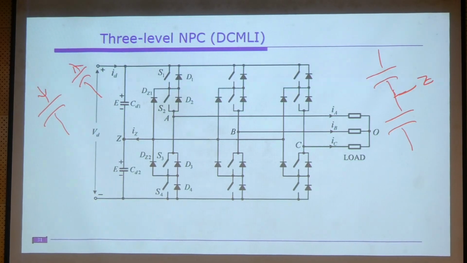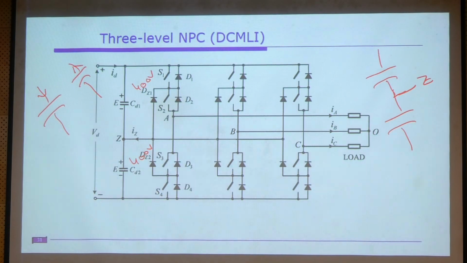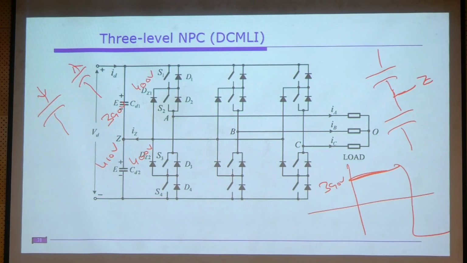Understood? So what happens if they are not balanced? For example, the two capacitors combined are supposed to maintain some 800 volts, so let us assume this is 400 volts and this is 400 volts. If balance is not maintained and it deviates, say this is 390 volts and this is 410 volts, how will the output waveform be? The positive half cycle you will get 390 volts and the negative half cycle you will get 410 volts.